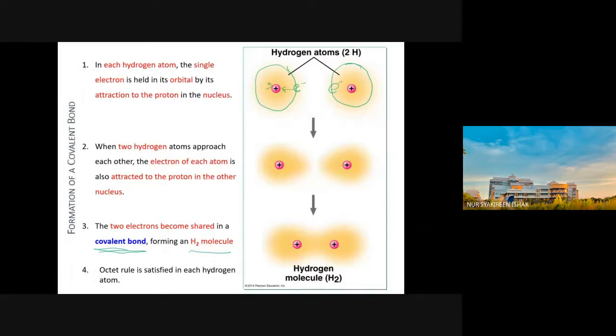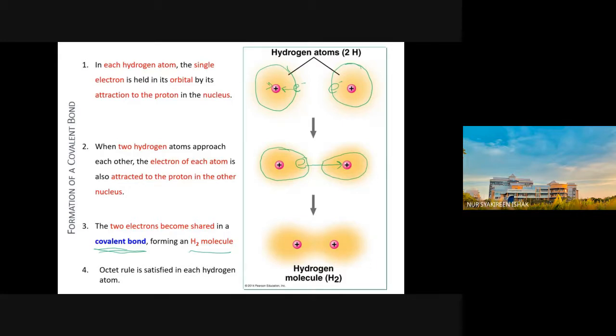So when 2 hydrogen atoms approach each other, the electron of each atom is also attracted to the proton in the other nucleus. So when two hydrogen atoms are put near to one another, the electron of this hydrogen atom will be attracted to the proton of the hydrogen atom that is near to it.